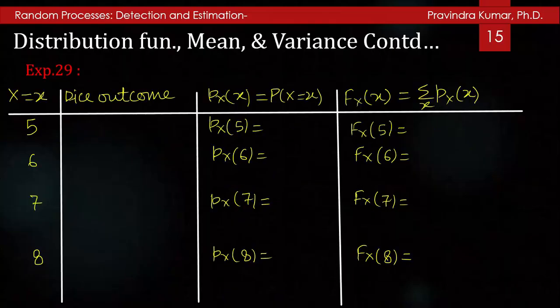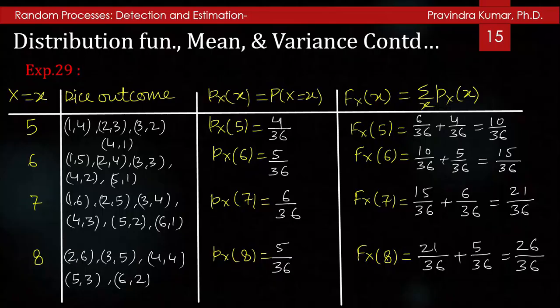Similarly, when x is equal to 5, the favorable outcomes may be 1 4, 2 3, 3 2, 4 1, and the PMF at x is equal to 5. Four outcomes are favorable here, so 4 by 36. And the CDF at x is equal to 5: in the previous case the summation was 6 by 36 plus 4 by 36, so it is 10 by 36.